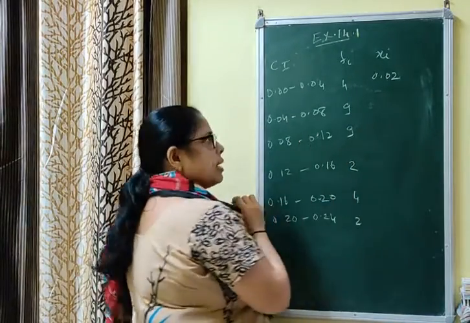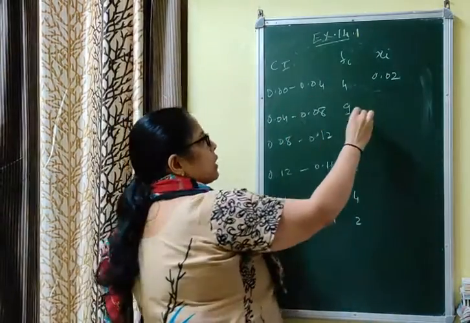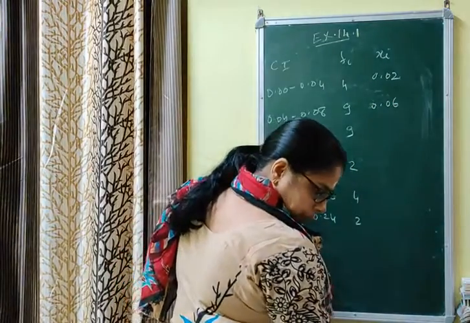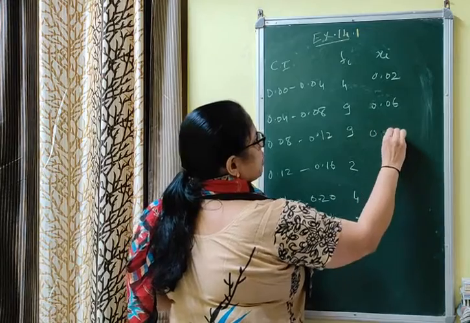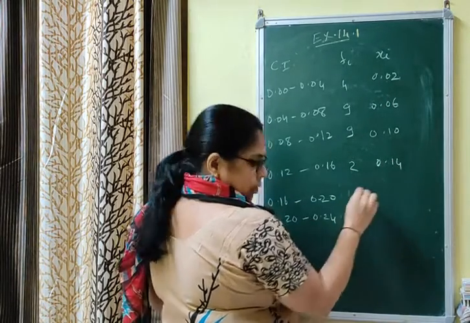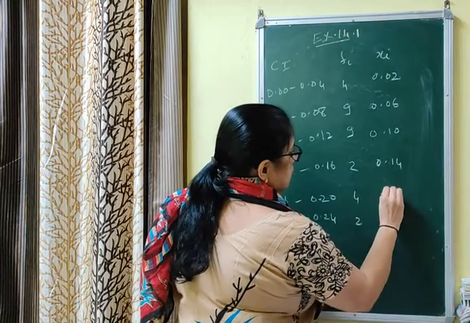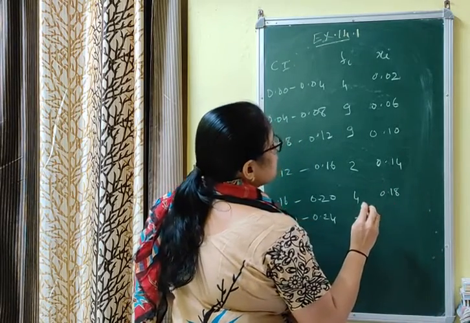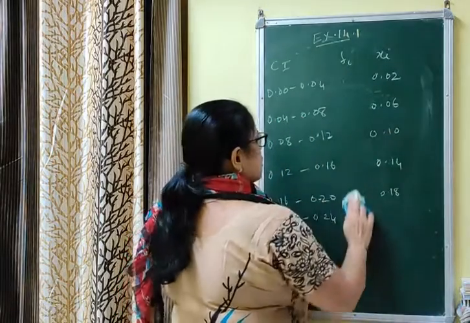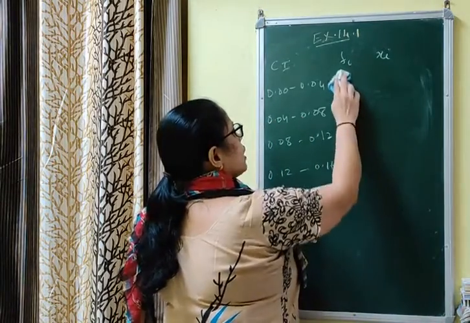To find the next class mark, you have to keep adding the class gap. That is 0.06 and next is 0.10. 0.04 is added. Next is 0.14 and next is 0.18. Let me rub this because space is so less, we can't adjust here.